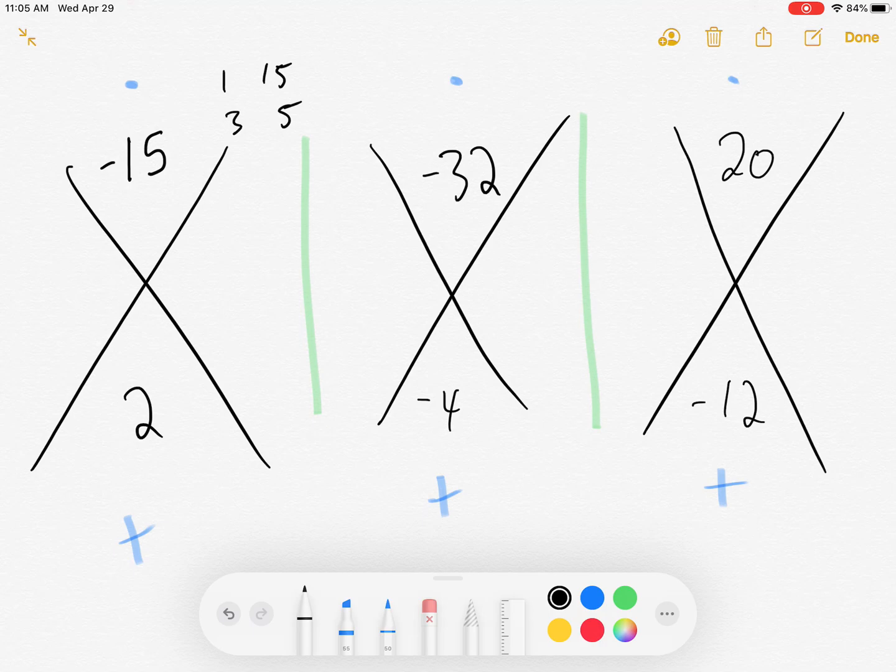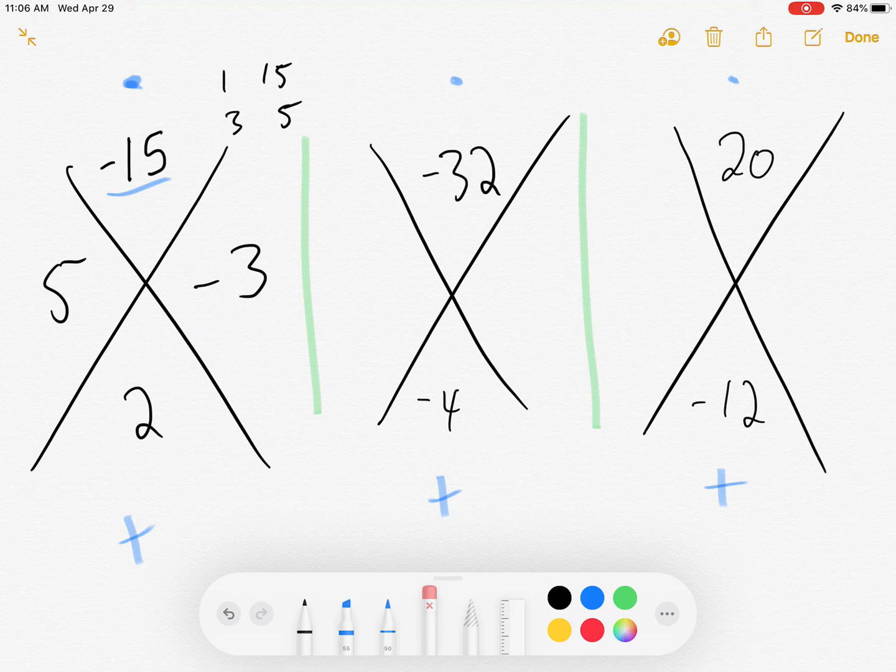So if I want a negative 15 up top, I know that one of the numbers has to be positive and one has to be negative, because a positive times a negative is a negative. So 5 minus 3 gives me 2, and 5 times negative 3 gives you negative 15.